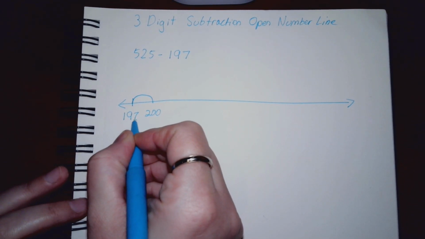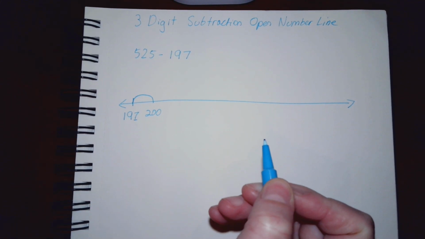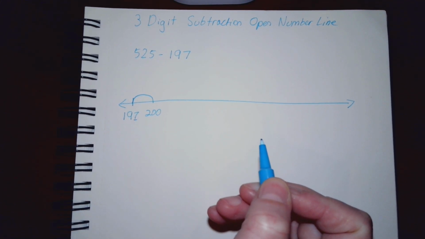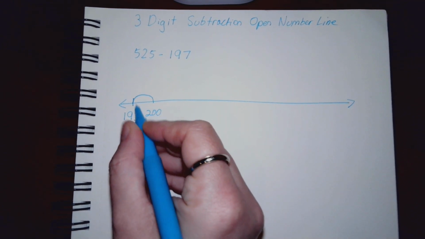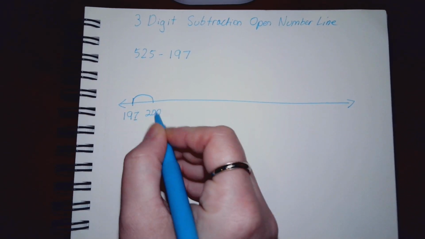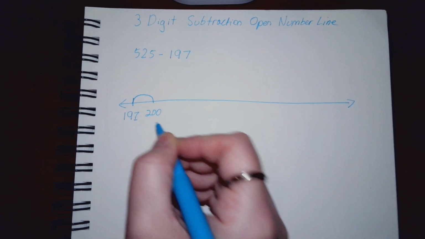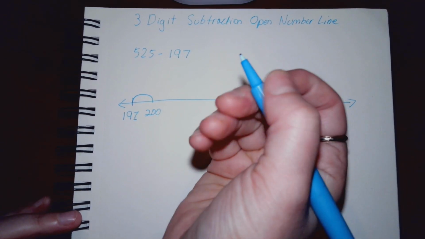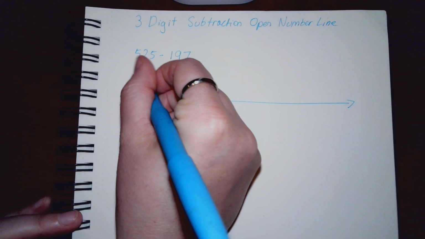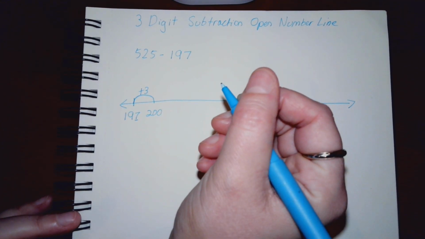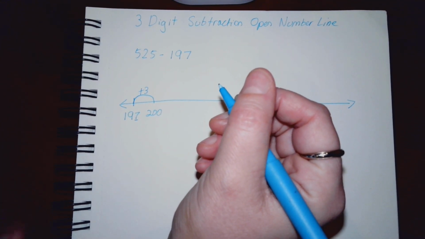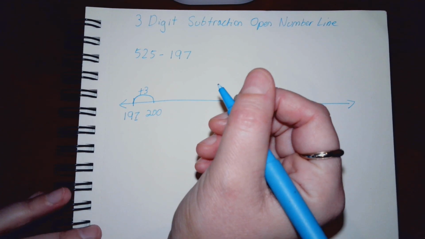You need to look at what's in the ones place and think of your friends of 10. That's why it's very important that you know your friends of 10, because if you know that, you know what goes with 7 to get you to that next 10 or that next 100. If you said 3, you are correct, because if I'm at 197, it'd be 198, 199, 200. That would be 3 to get me to 200.